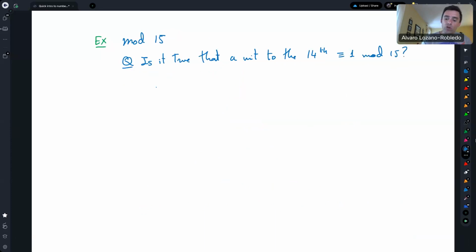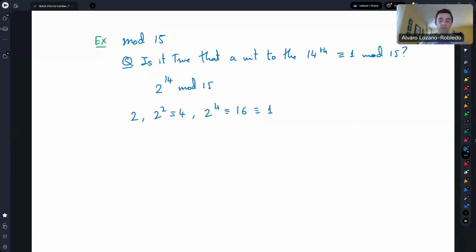Let's try 2. For example, 2 is relatively prime to 15. How much is 2 to the 14th power modulo 15? Well, I can start computing. 2 squared is 4. 2 to the 4 is 16, which is 1.